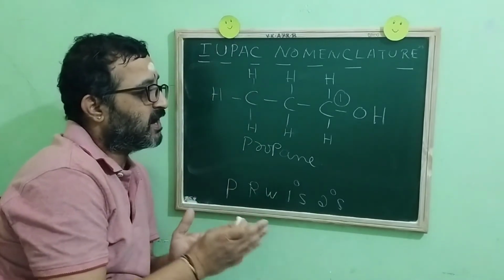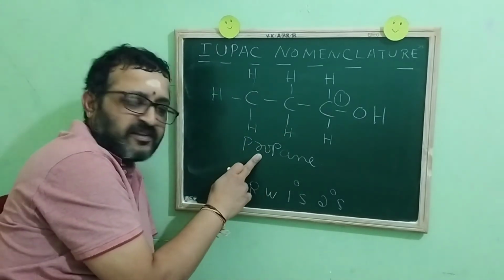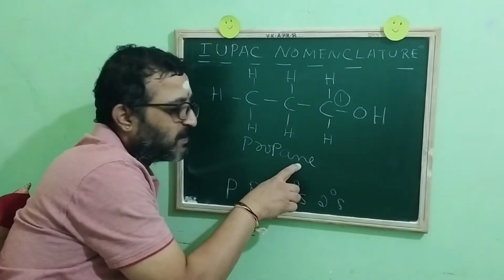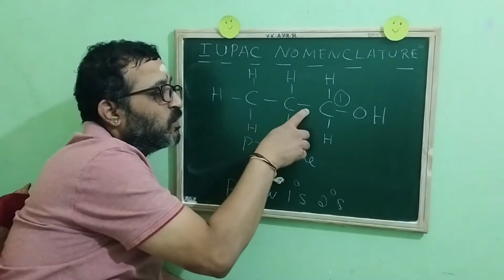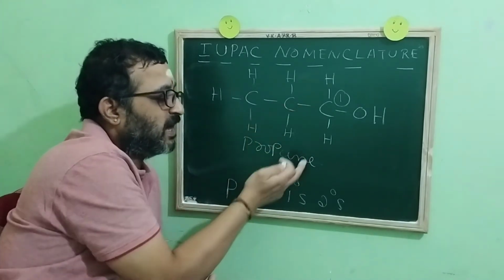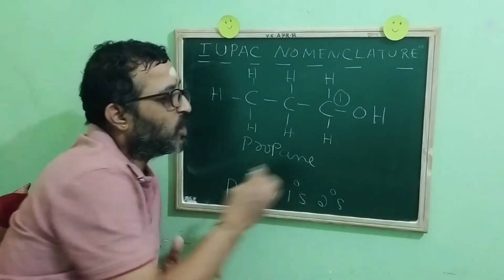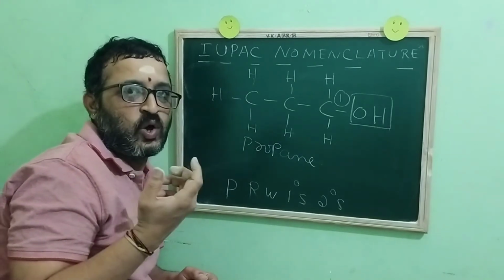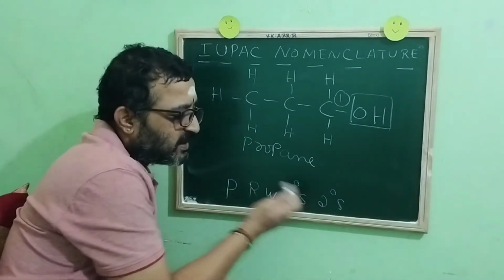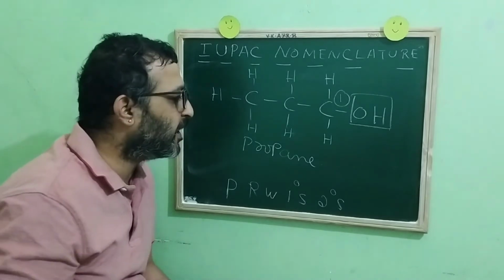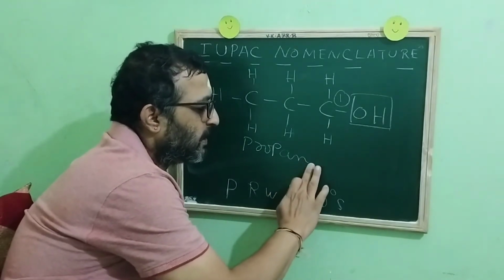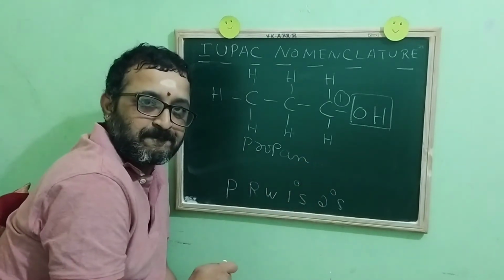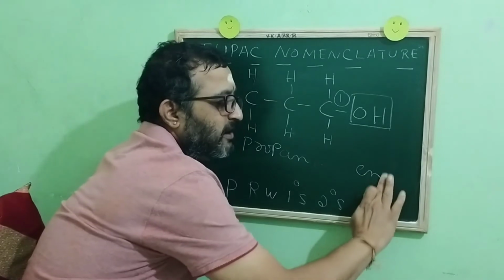So based on that, okay, now children, this is root word. We know that, which will tell you the number of carbon atoms. This is primary suffix, that is ane. What type of bond we have? Yes, it has a single bond, that's why I added ane. Now, but this compound has got OH in it, no? That is alcohol. Where will you add that? That is nothing but secondary suffix. Where will you add this? See, ane ends with what? E. Even ene also ends with what?